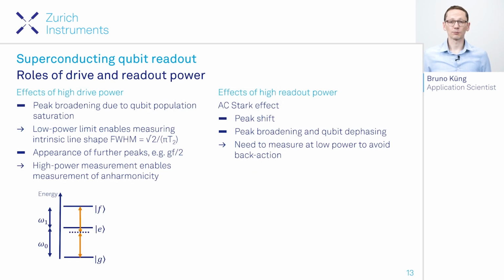And on the keyword of the powers, we have not talked about the readout powers too much, but rather about the frequencies. But powers are important parameters as well. And namely, when we look at what happens at higher drive power, for instance, this is the left side of the slide, what we would get is generally a saturation of the qubit population, which leads to a saturation of the qubit spectroscopy peak height, but also a broadening of the width.